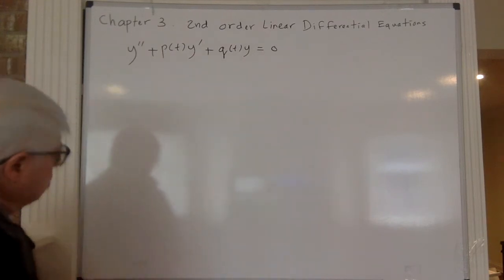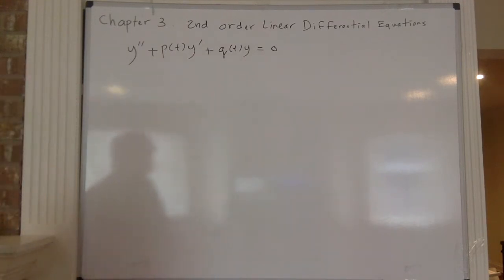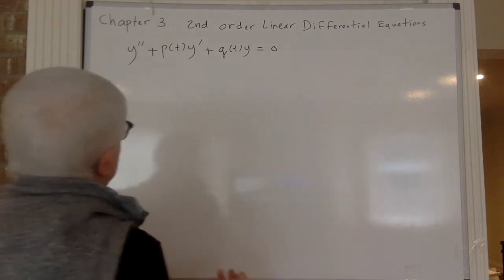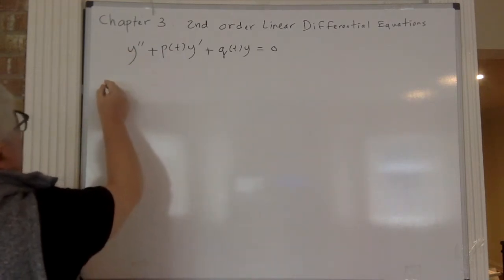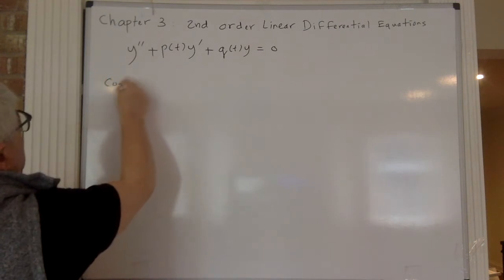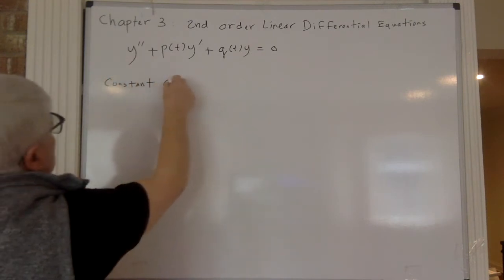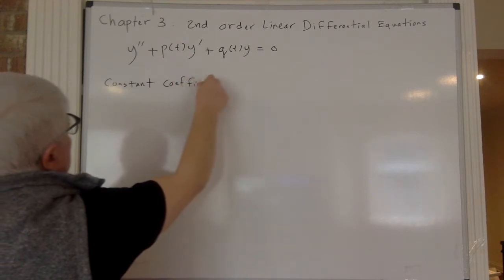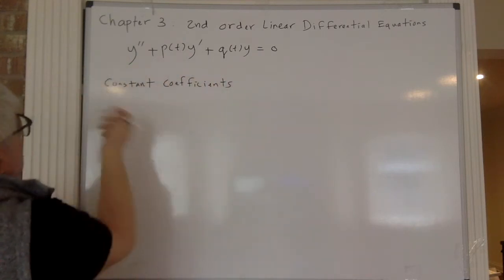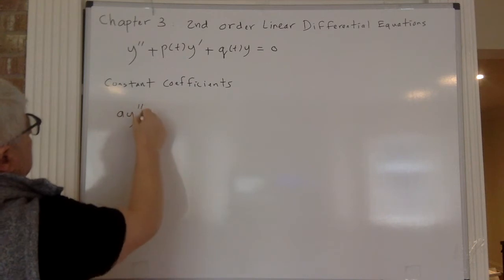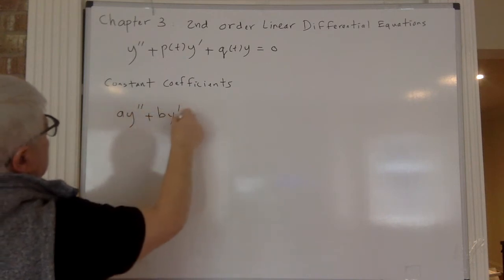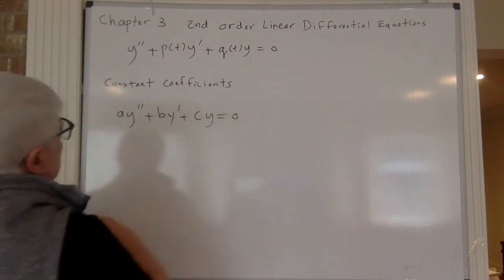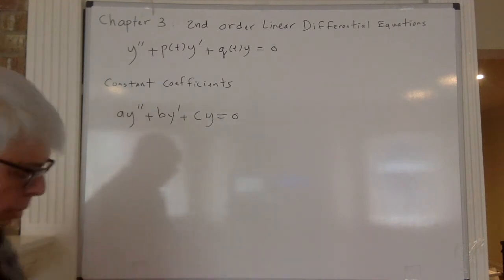But let's first solve the equation with constant coefficients. Well, I would write something here like a y double prime plus b y prime plus c y equals 0. And there is a reason I keep this a here, and we will see.